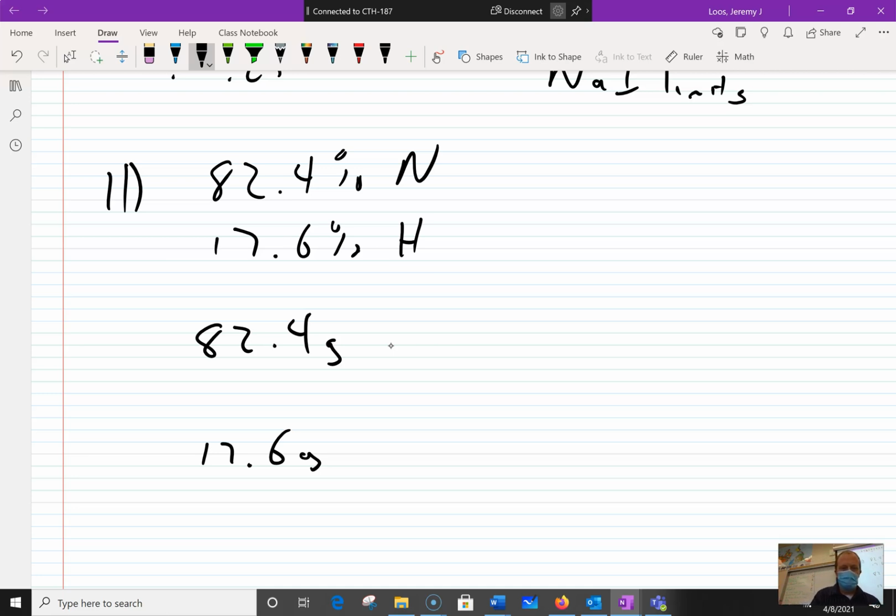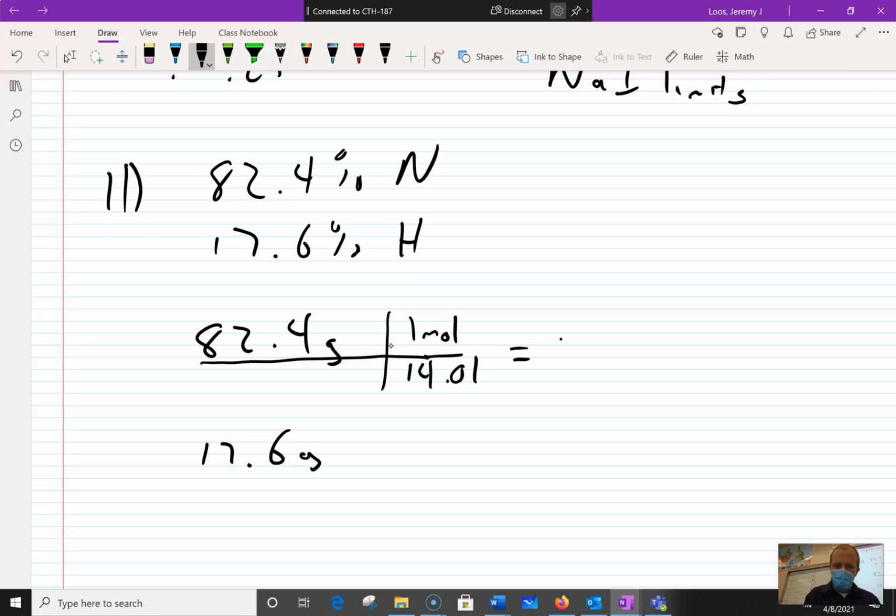So this is nitrogen, right? So I'm just going to do a normal mole conversion for nitrogen. Now the part that is a little bit tricky: I am going to use just nitrogen straight up, just normal mass from the periodic table, not N2.